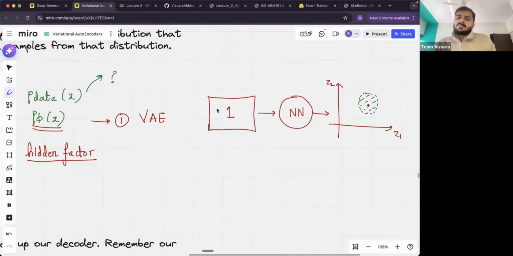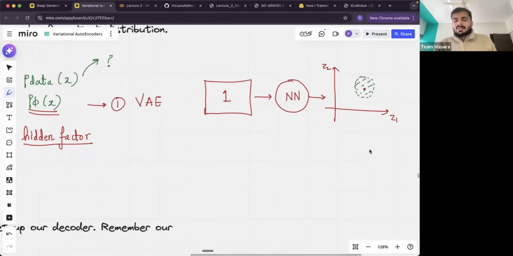Now, how do we transform this image to something like this? First, let us unpack how many dimensions we have. Here we have 28 dimensions over here and 28 dimensions over here. So overall, we have 784 dimensions. And if we were transforming this to just Z1 and Z2, we would have only 2 dimensions as the output.